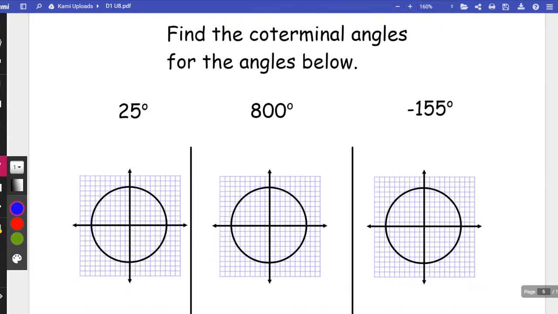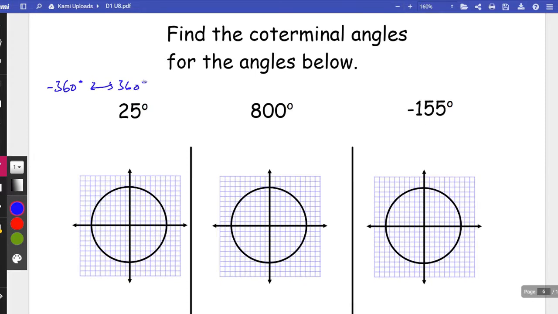Find the coterminal angles for the angles below. They want you to find one positive and one negative, essentially. So 25 degrees, or let's put it this way. A lot of times we're asked to keep our coterminal angles between negative 360 degrees and 360 degrees.